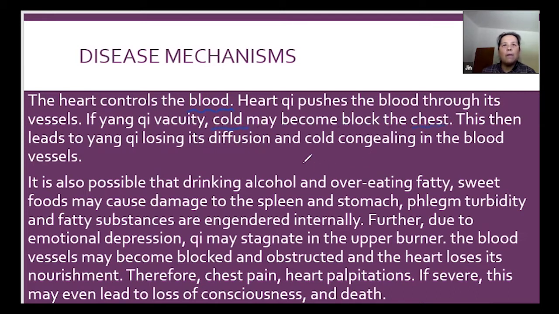Then people will feel pain there. Sometimes something triggers problems, like drinking alcohol, overeating fatty food, or even too much sweet food.